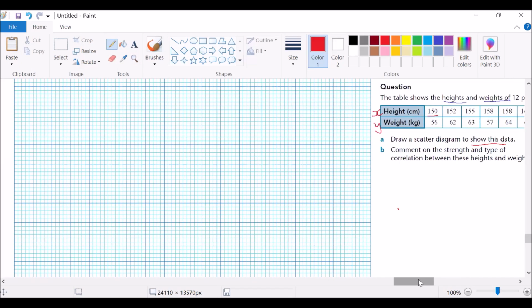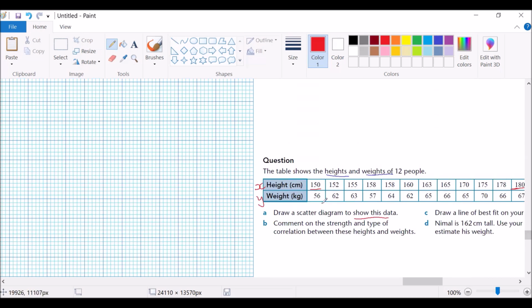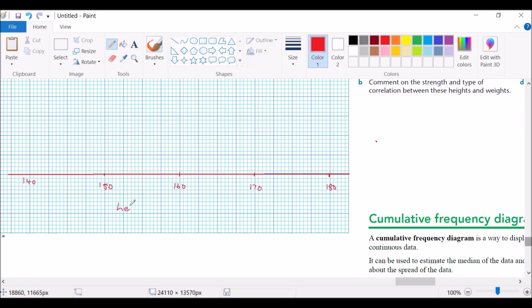So we go to our graph paper. Near the bottom, we start our X-axis. So we can start from 140, 150, 160, 170, 180. The X-axis is our height. We label it height in centimeters.